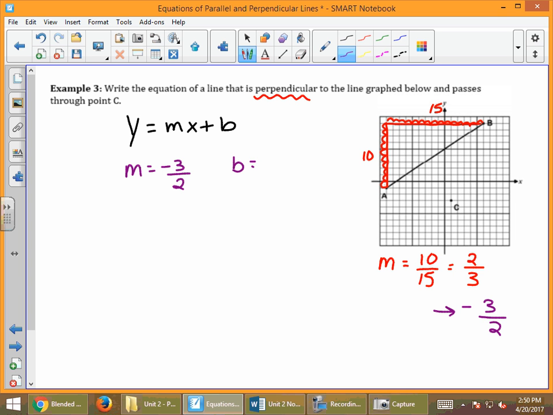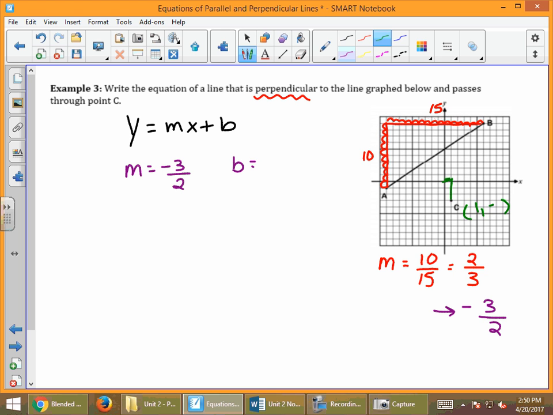We're trying to find our b of our new line. So again, just like the other two examples, you plug in the point that it's passing through. And in the directions, it says it's passing through point C. So we have to figure out, well, what are the coordinates of point C? So we count, the x value is 1 over 1. So the x value is 1.